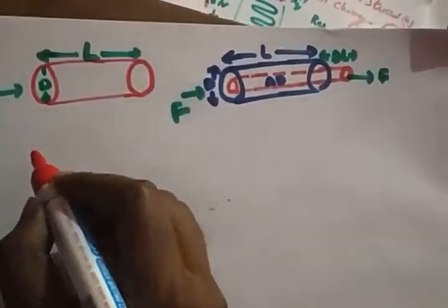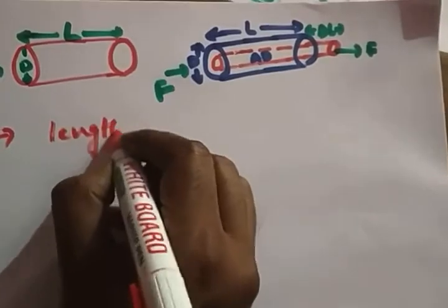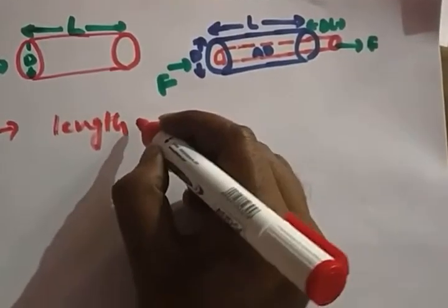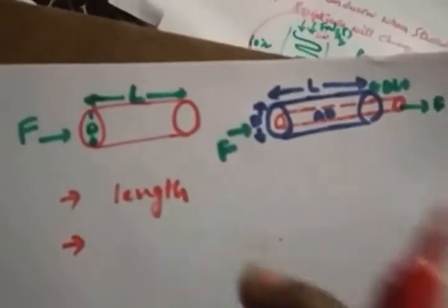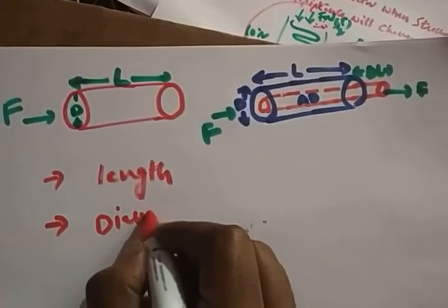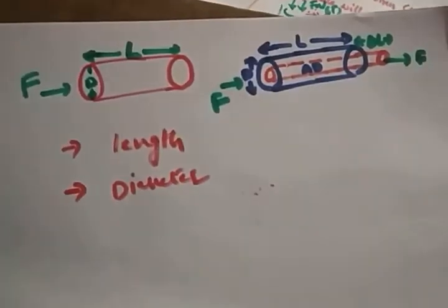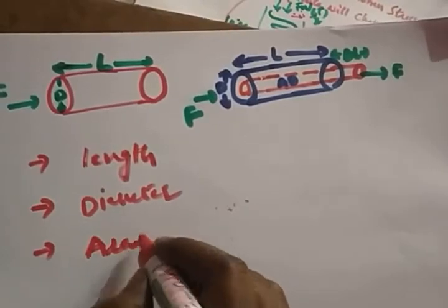So when you apply a stress on the conductor, what factors are changing? The length of the conductor will change, and the second one is the diameter will change. The third one is the area will change.